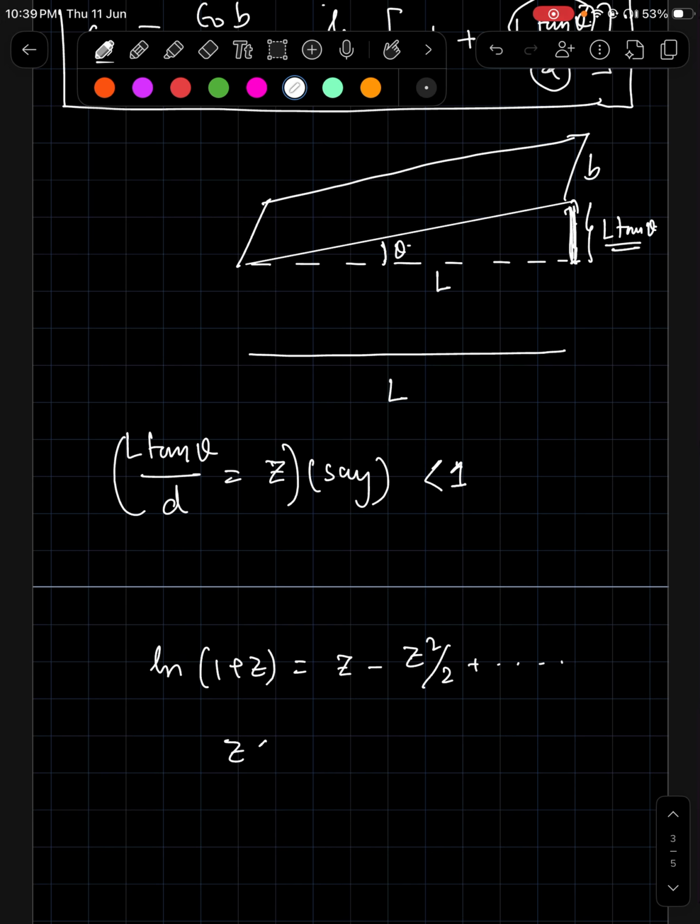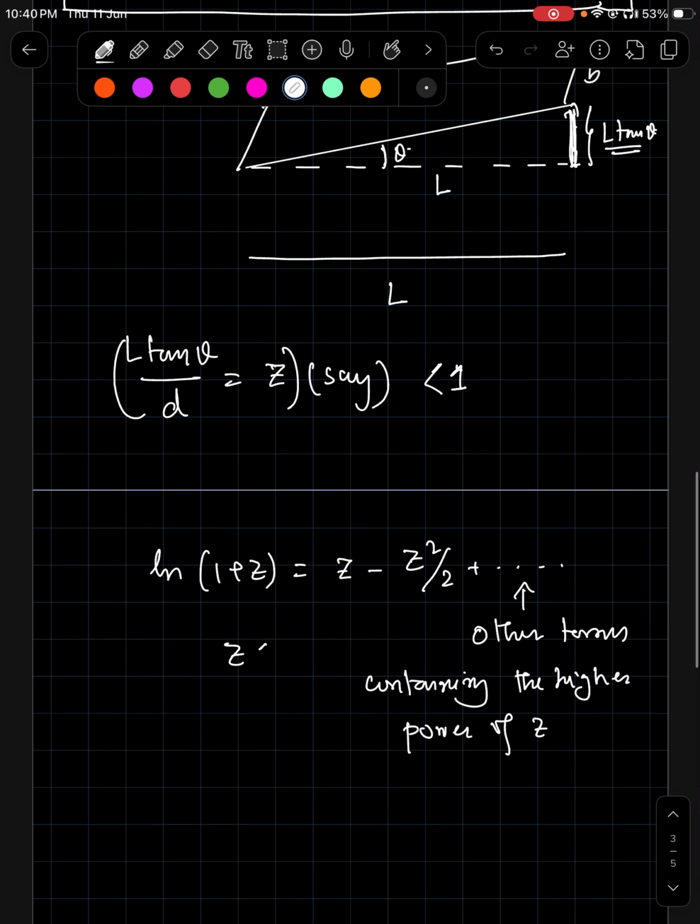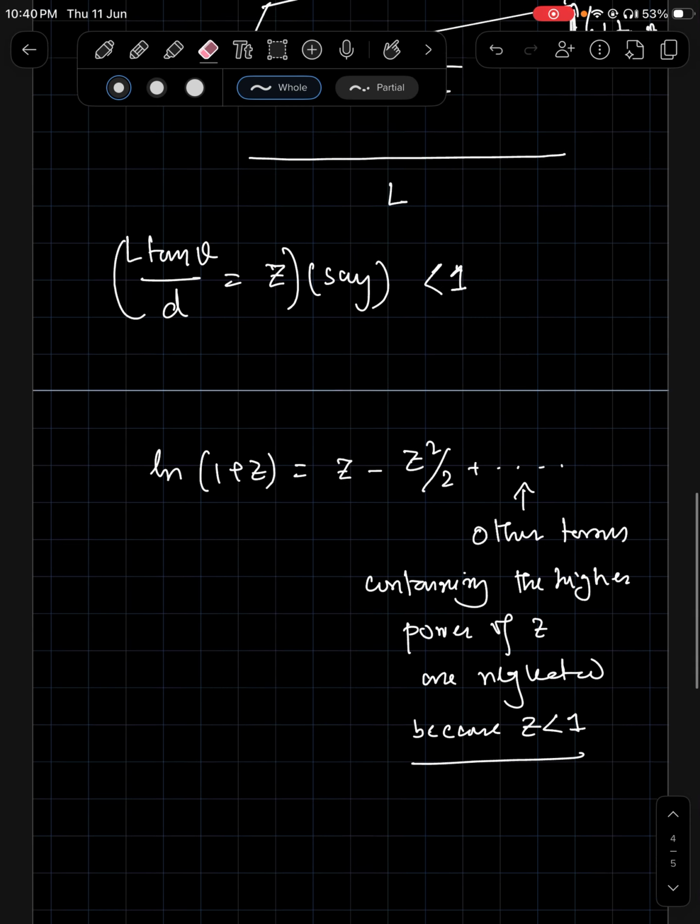So Z squared is smaller than Z, and Z cube is smaller than Z square. So the terms containing higher powers of Z are neglected, because Z is less than 1. I'm keeping the terms up to Z square.